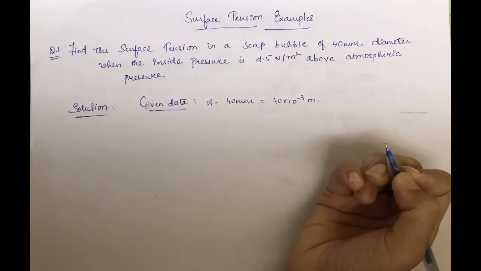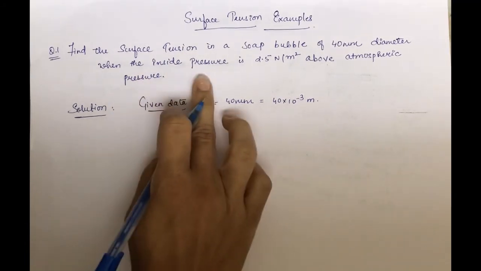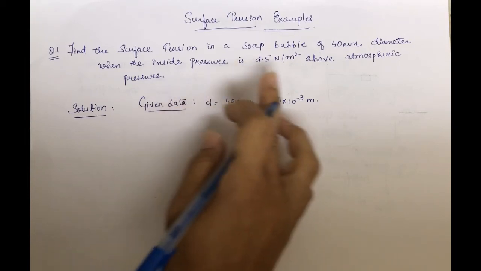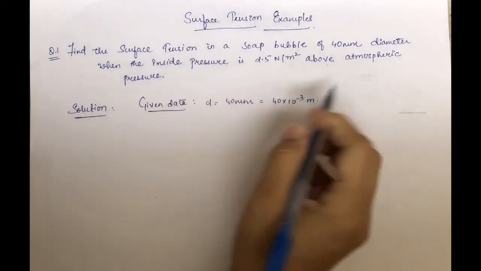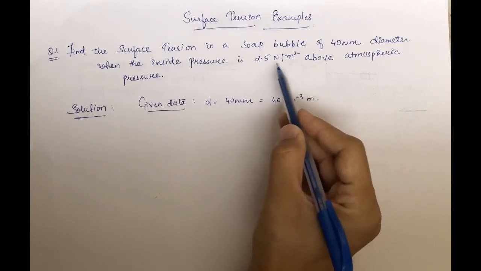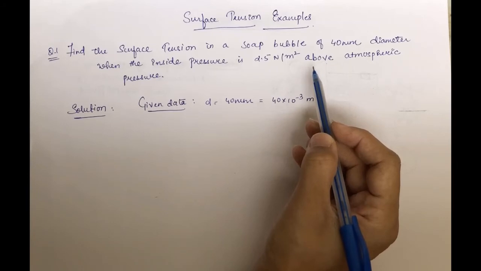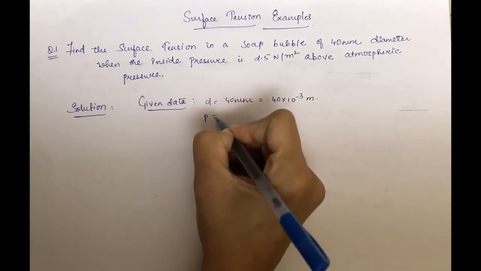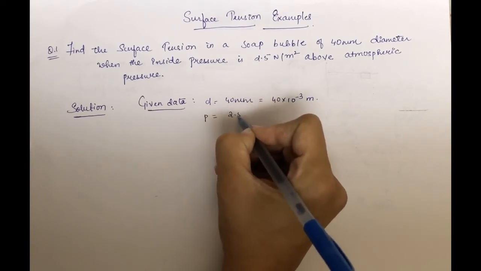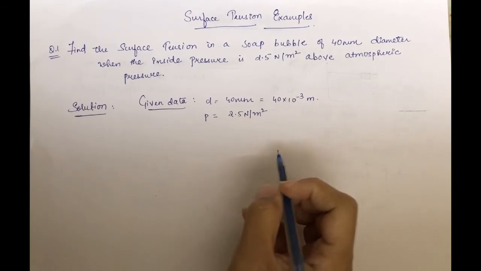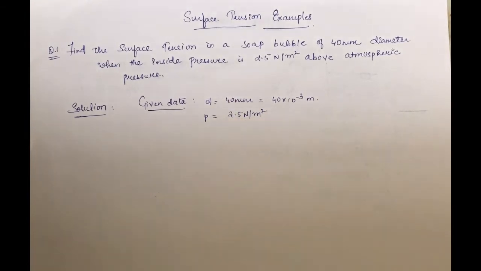Next, it is given the pressure inside the soap bubble, which is in excess of outside. Whatever pressure is outside the bubble, it is 2.5 Newton per meter square more inside the bubble. So the pressure inside the bubble is P, which is 2.5 Newton per meter square. Now all the given data has been listed out.